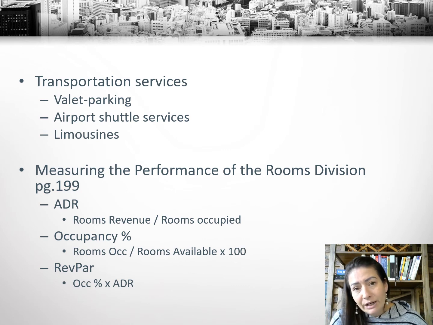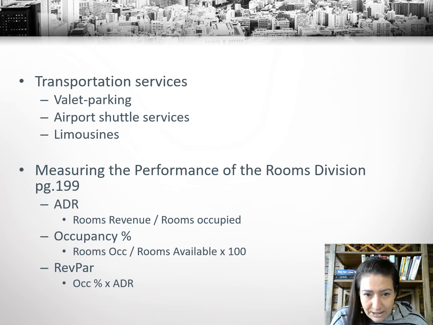So how much money did you make on Monday? And you divide it by the rooms occupied on Monday. So if you look at the figures given to you, the rooms revenue that you made for Monday was $23,800. Okay, and you had 170 rooms occupied.